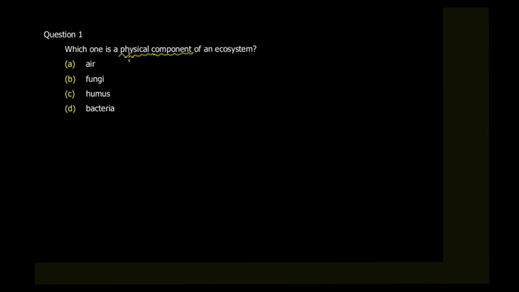The characteristics can be air, sunlight, or light, or it can be the nutrients. These are some of the things that you look into when you want to analyze an ecosystem. That's why we call them physical components.